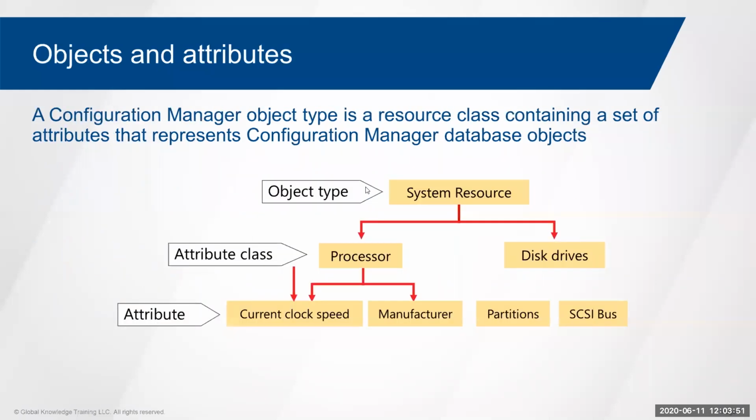Now, when we look at these queries, there are what we call objects, and of course, each object includes additional attribute classes. And beneath those attribute classes are the actual attributes themselves.